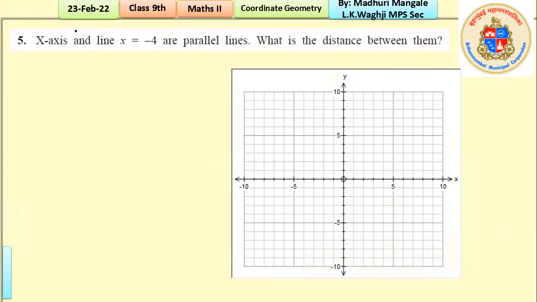Here they say the x-axis and the line x equals -4 are parallel lines. What is the distance between these two lines?